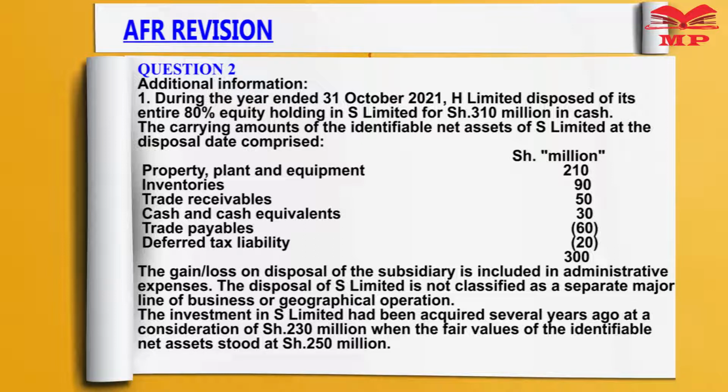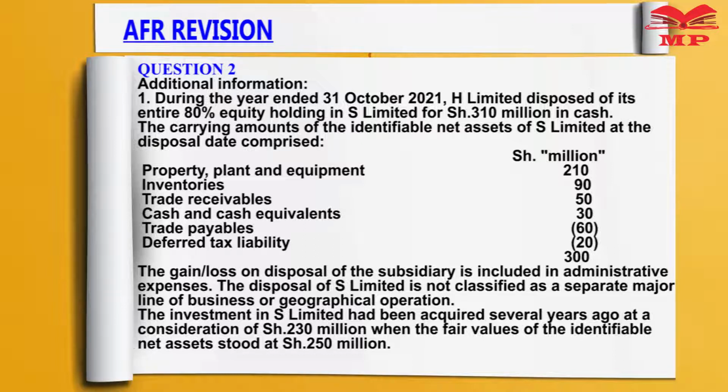We are given the carrying amount of identifiable net assets of S Limited at the disposal date, which comprised PPE, that is property, plant, and equipment, inventories, receivables, cash and cash equivalent, and then trade payables and deferred tax. So what you are given there are the identifiable net assets of that subsidiary which was disposed.